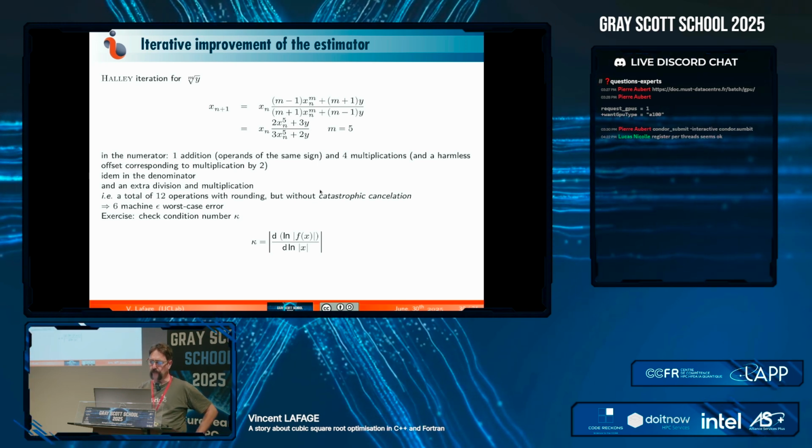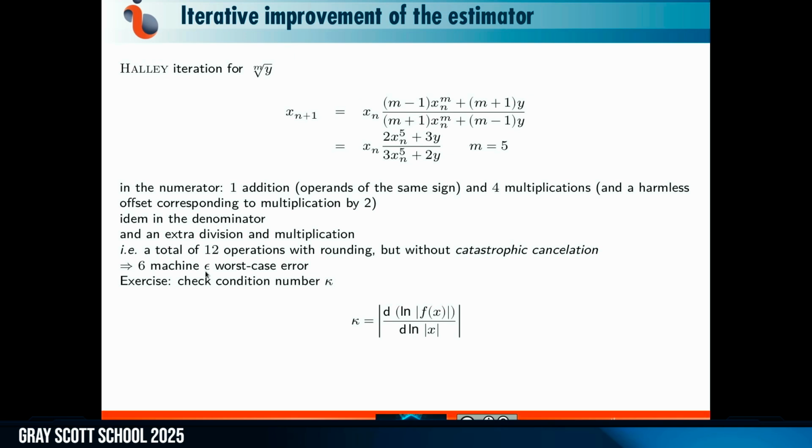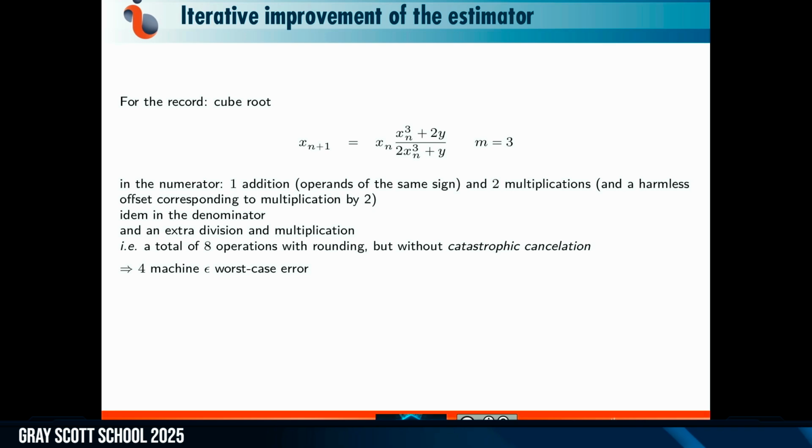So this algorithm is quite stable and will introduce 6 machine epsilon in the worst case, an error which is okay, under control. For the record, the cube root we just had before would introduce, in the worst case, 4 machine epsilon. So in fact, we see that the worst case error is almost never met.